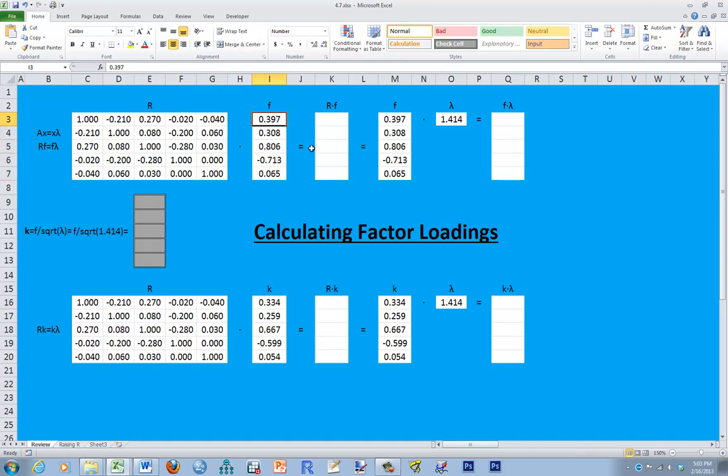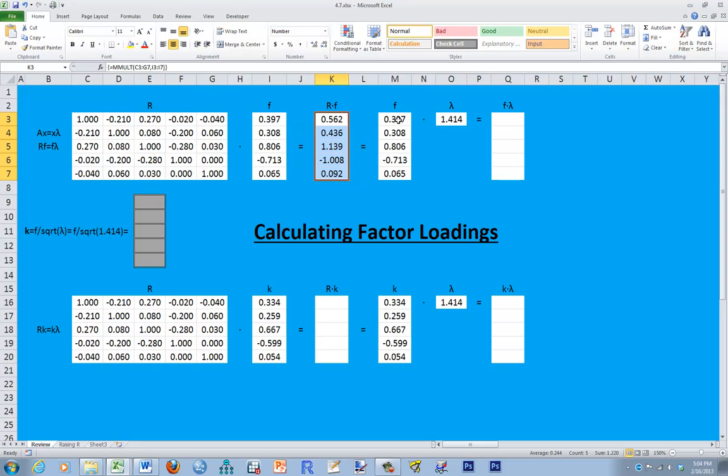Now, you might want to refer back to table 4.3 and look at factor 1. Factor 1 in the table says 0.40, 0.31, 0.81, negative 0.71, and then the last task 0.06. But those were rounded, and these are the values that we actually have. So when we do matrix multiplication of our correlation matrix times the factor loadings, this is the resultant matrix.